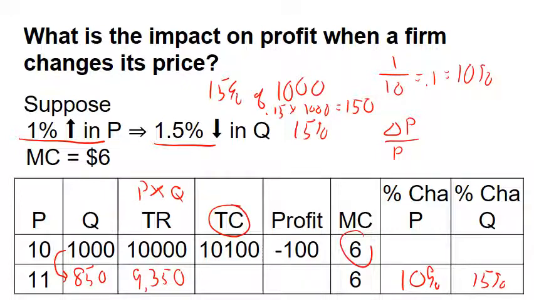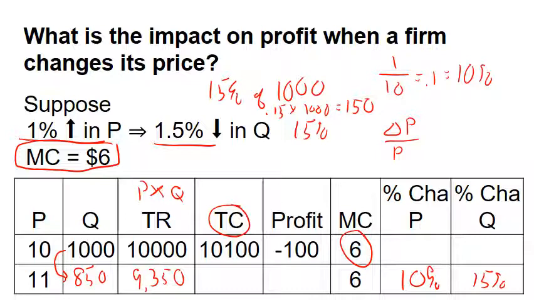Well, marginal cost is $6. We're going to assume that marginal cost is equal to $6, and that value is constant over the relevant range. Marginal cost measures how much extra cost the firm must pay for each extra unit it produces.